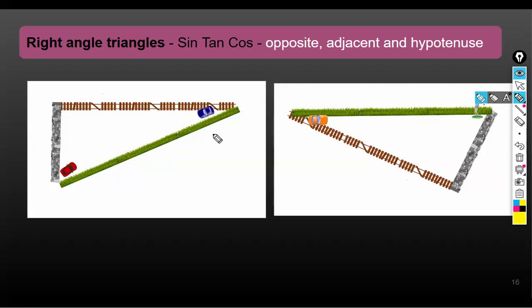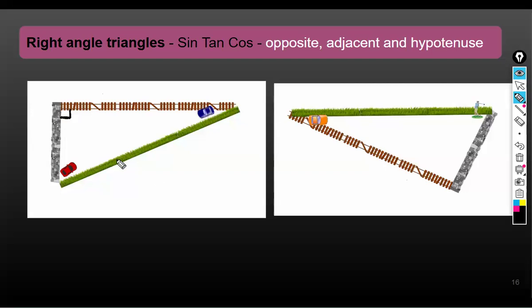Well, here we have a situation with a brick wall, a wooden fence, and a grass lawn. Obviously, the three sides come together to form a right angle triangle. I think we can all agree that over here is the right angle.